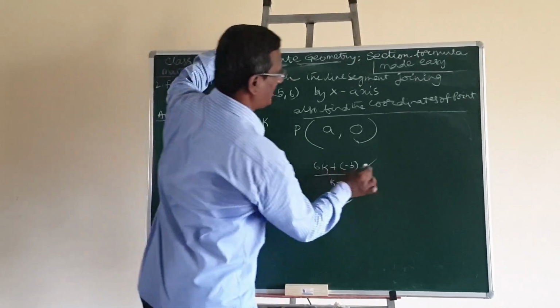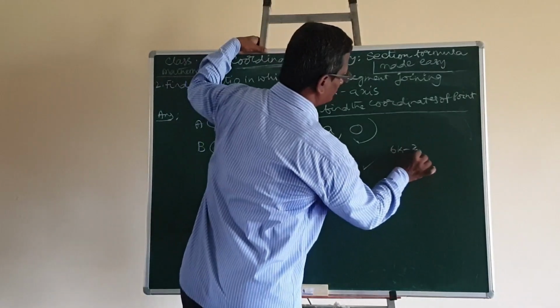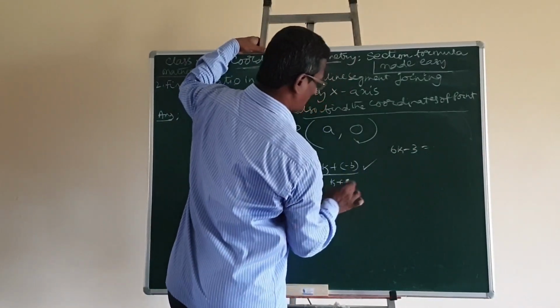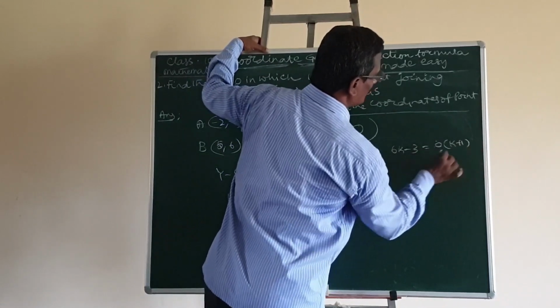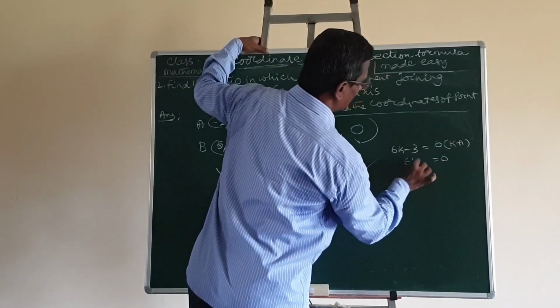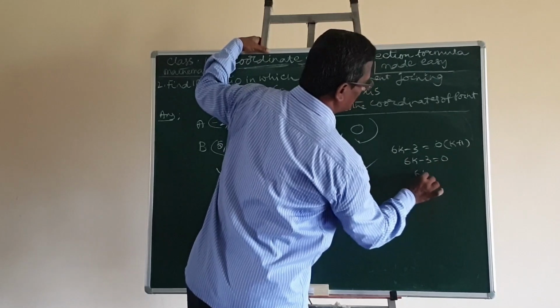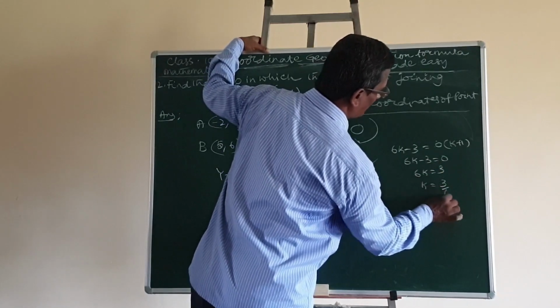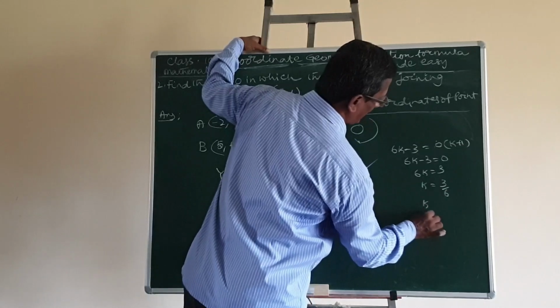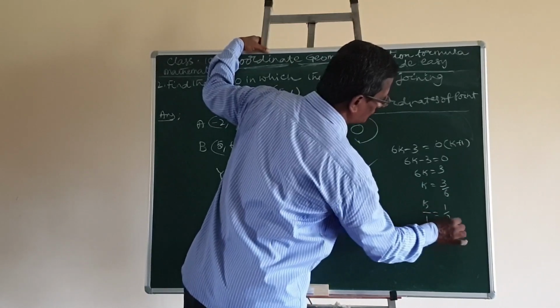This is 6k minus 3 upon k plus 1 equal to 0. We will multiply 0 into k plus 1. This is 0 only. 6k minus 3 is equal to 0. 6k is equal to 3. K is equal to 3 upon 6, means k upon 1 is equal to 1 is to 2.